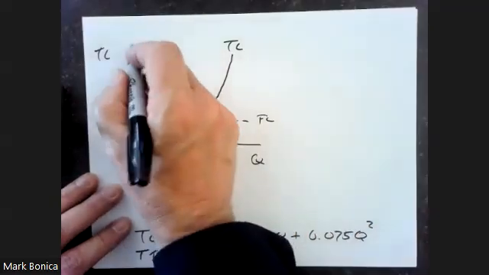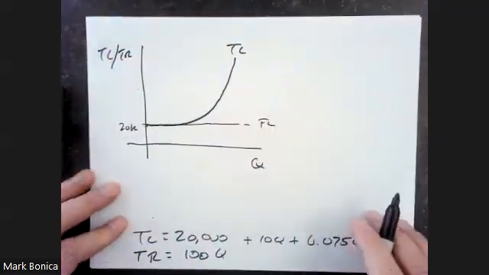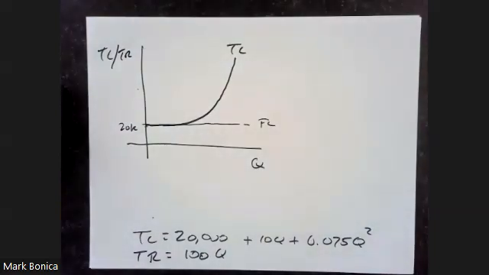Right. If I want to put my total revenue function on the same graph, what's the line going to look like for total revenue? So I've got the equation, it's 100Q. So if Q is 0, what's total revenue?